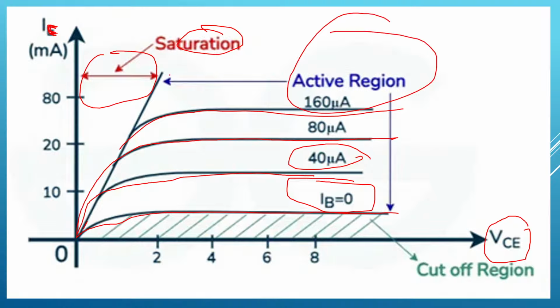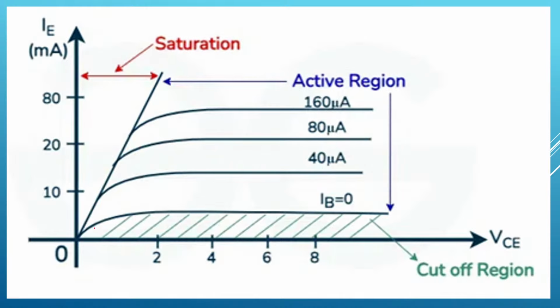This slanted line is our active region. Up to here, as VCE varies, IC varies. After that, IC becomes constant.